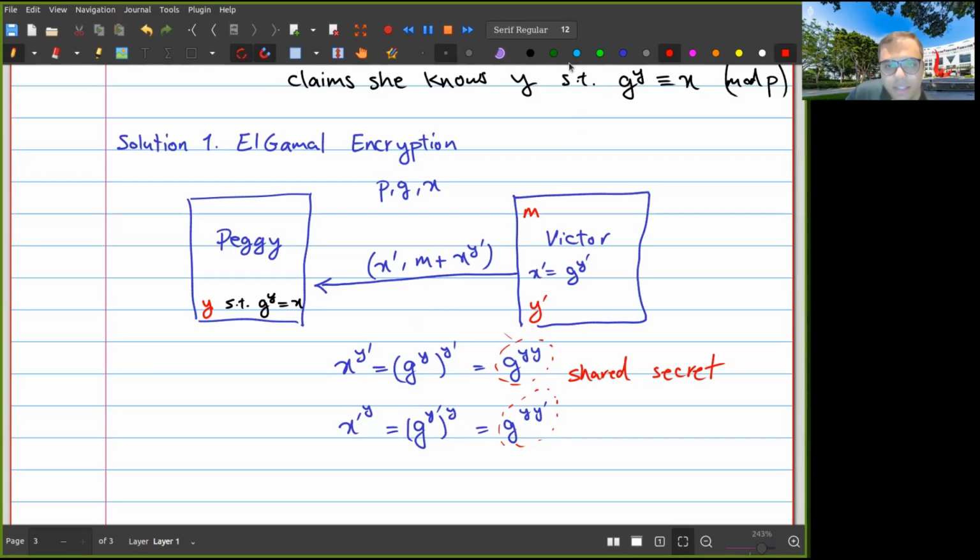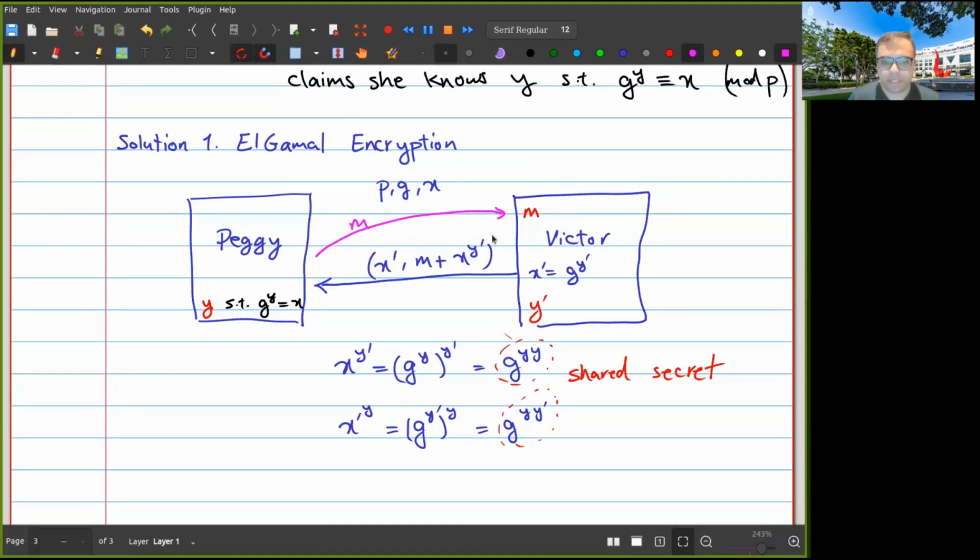Now, how can I change this so that Peggy can prove to Victor that she knows Y? Well, the only person who can actually do decryption here is someone who knows Y. So if Victor chooses a value of M uniformly at random, and then encrypts it and sends it to Peggy, and then if Peggy sends the correct value of M back, so basically what's happening here is that Victor is encrypting a randomly chosen message M, sending it to Peggy, and Peggy is decrypting that message successfully and sending the decrypted message back to Victor.